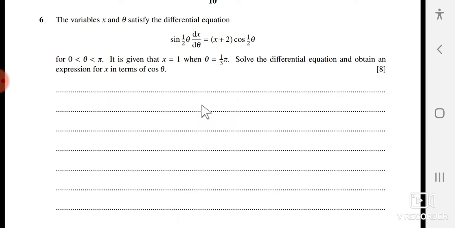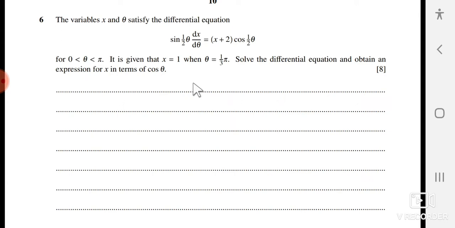Whatever he is saying, he's saying solve the differential equation and obtain an expression for x in terms of theta. Actually, maybe in the end when you do that, you have not made x the subject, so you need to make x the subject and give your answer for x in terms of theta.